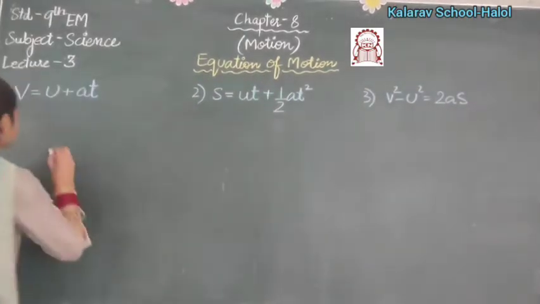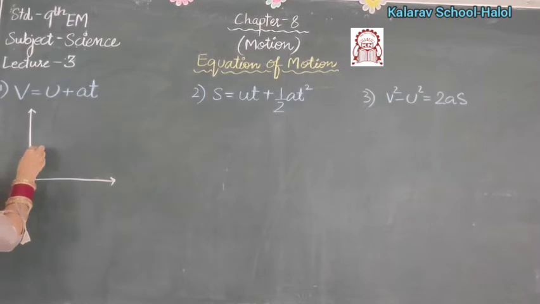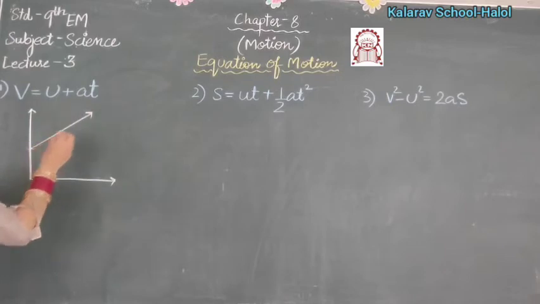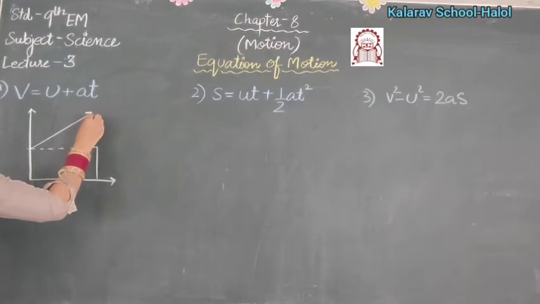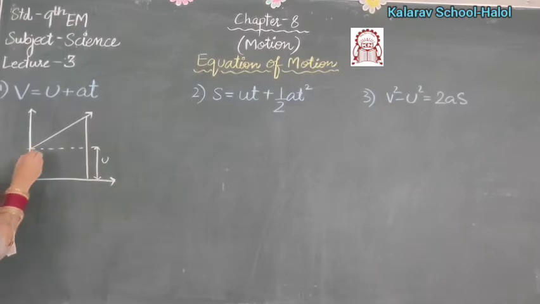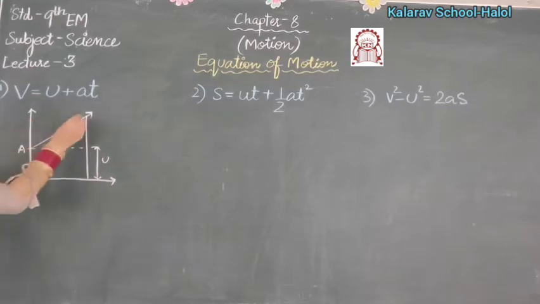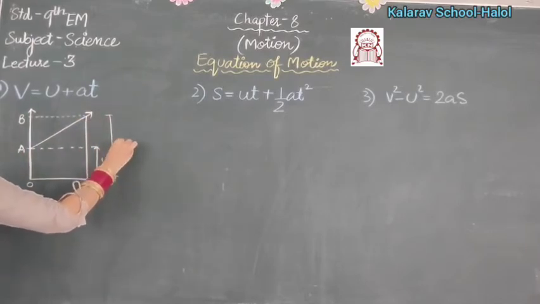So here, suppose a body is moving with initial velocity u. The body is not at rest, it has some initial velocity, that is u. The body is at point A. After that, the body is at point B having the final velocity v.